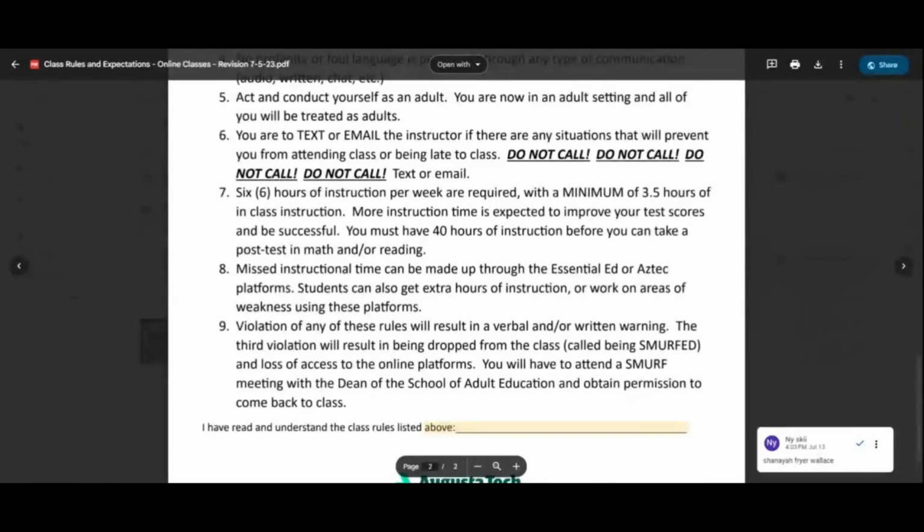I have read and understand Mr. Bostock's class rules. So I need you to send me a text to that number that says, my name is whatever your name is. I have read and understand Mr. Bostock's class rules.